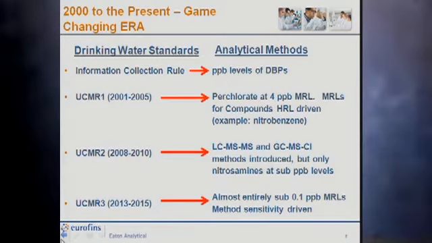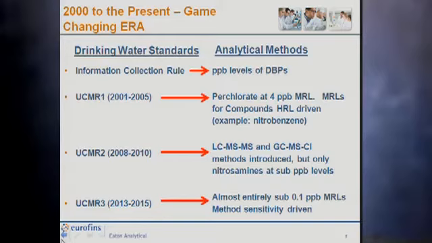And that started driving us down from looking in the high ppb range to the low ppb and even sub-ppb range there. Following some of the findings from the ICR that, yes, there are a lot of things out there that we weren't looking for, EPA began to promulgate the various rounds of the unregulated contaminant monitoring rule.